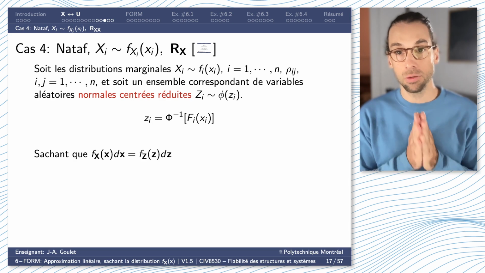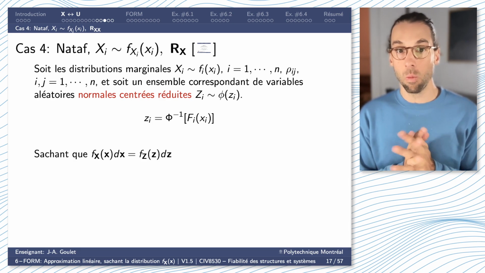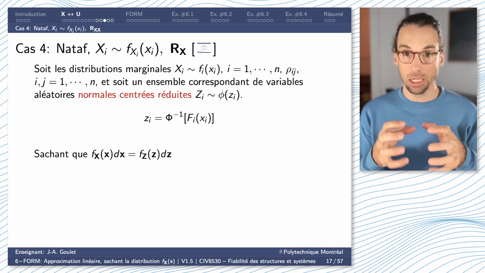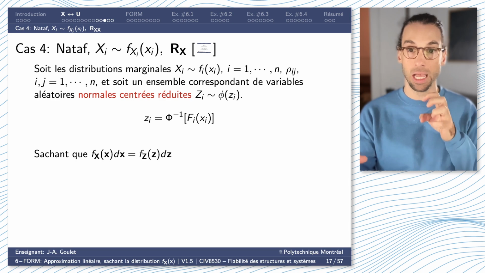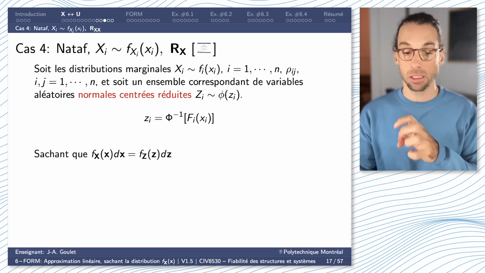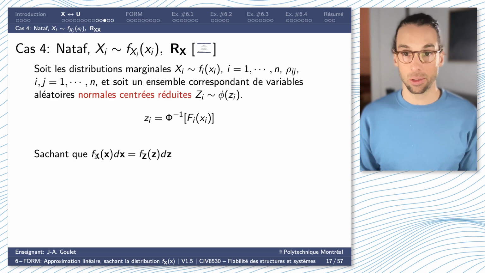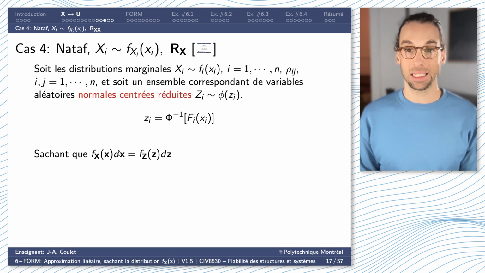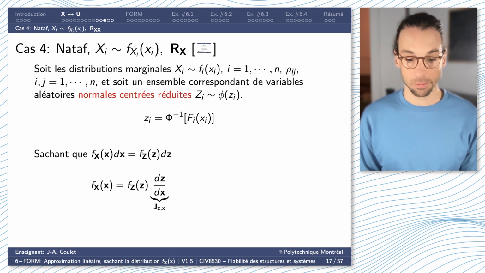So if we use the change of variable rule, we know that we must maintain the probability content in the two neighborhoods from the X space and the Z space. That means from a mathematical standpoint, using the change of variable rule, that f of x dx must be equal to f of z dz. So the probability content in the X space must be equal to the probability content in the Z space.